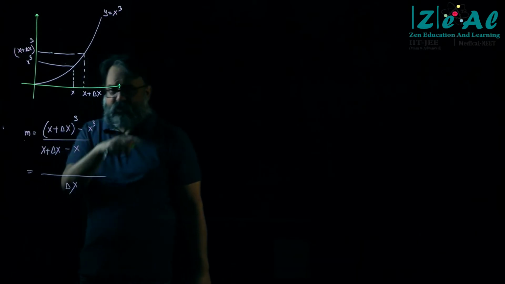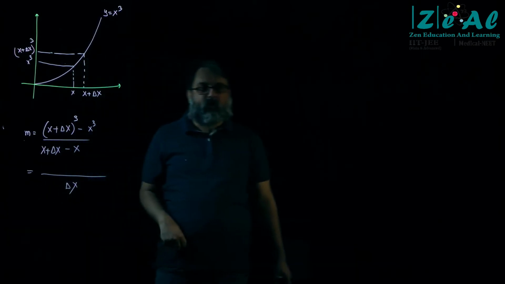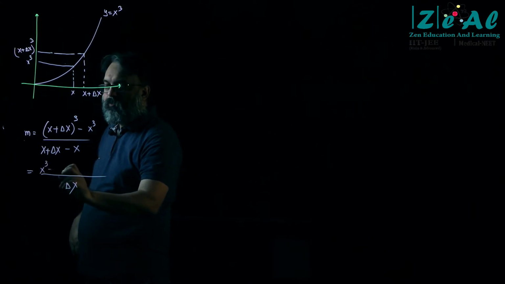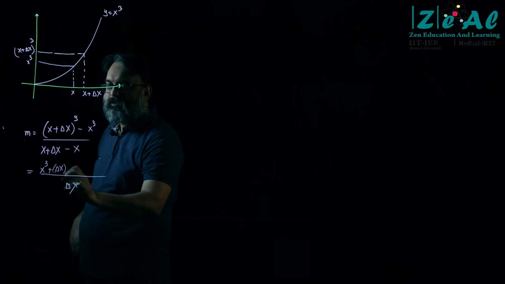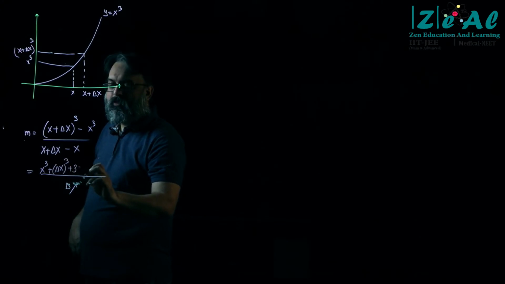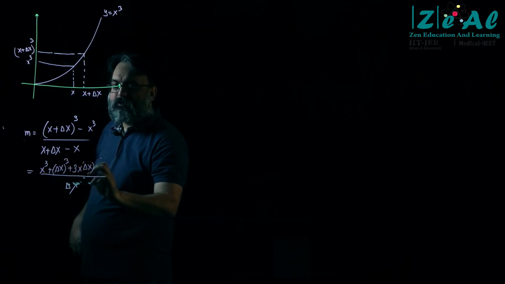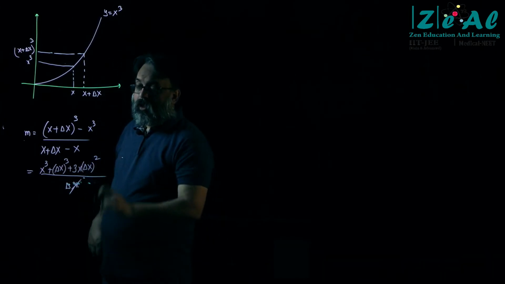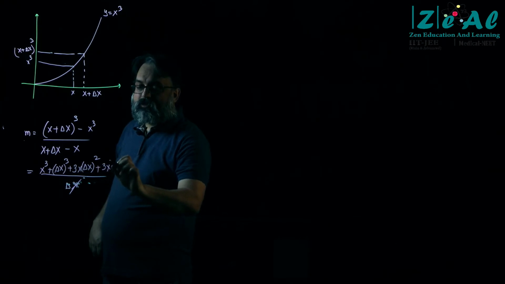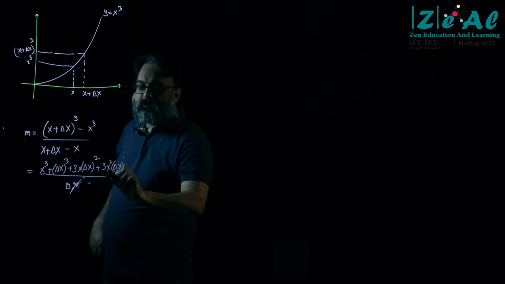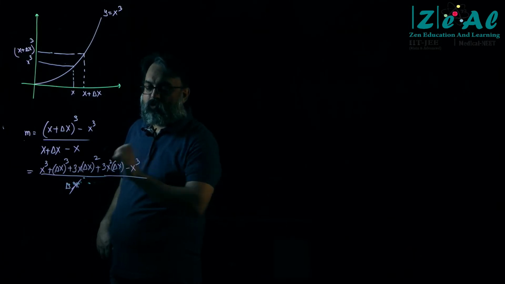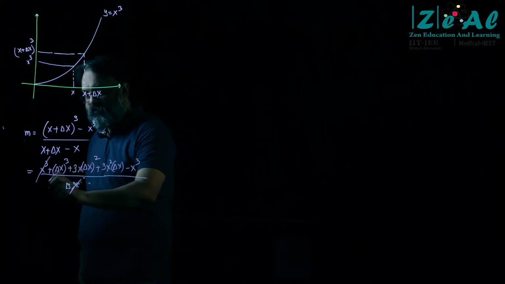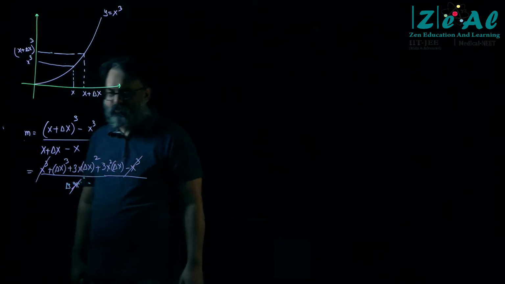So what happens when I expand this? The formula for a plus b whole cube should be remembered by everybody. So this will be x cube plus delta x cube plus 3x delta x square, sorry, I erased that, plus 3x square delta x, minus x cube. So what do we do here? Well, x cube and x cube we get rid of.